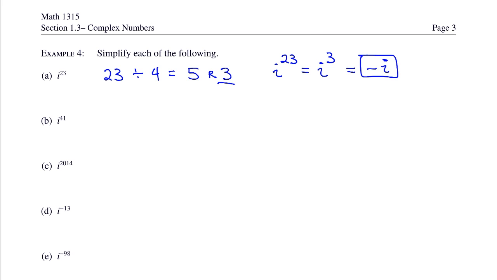Then we have i to the 41st power. Take 41, divide it by 4. That's equal to 10 with a remainder of 1. So therefore, i to the 41st power is the same thing as i to the first power, which is just i.